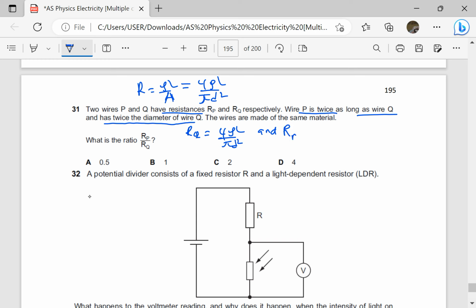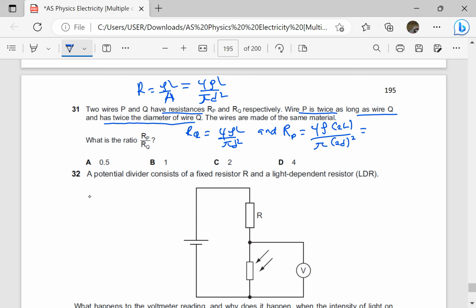Then resistance of wire P is going to be 4. They are from the same material, so resistivity is the same. The length of wire P is twice, so this will be twice L divided by pi. The diameter is also twice, so this is twice D, but it is squared.